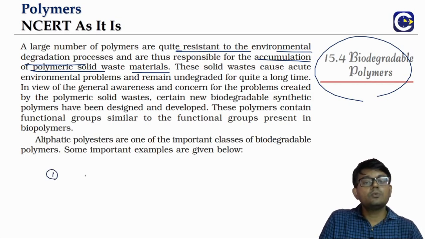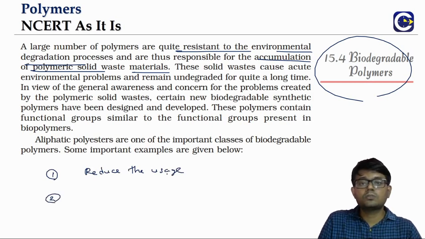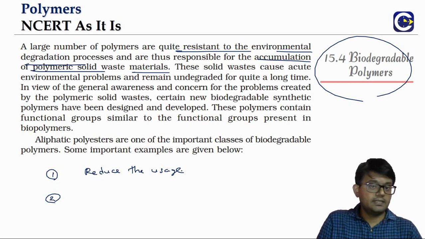So they can be reduced in two ways. One is we reduce the usage. If you look at the grocery stores nowadays, they are not giving polythene covers. They are saying you bring your own bag and take the groceries along with you. Or basically they are using jute bags and things like that.